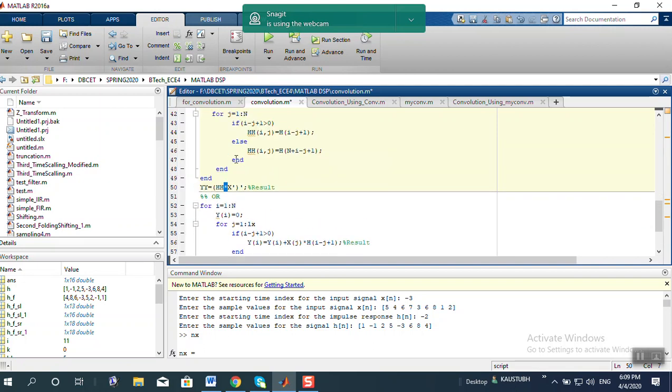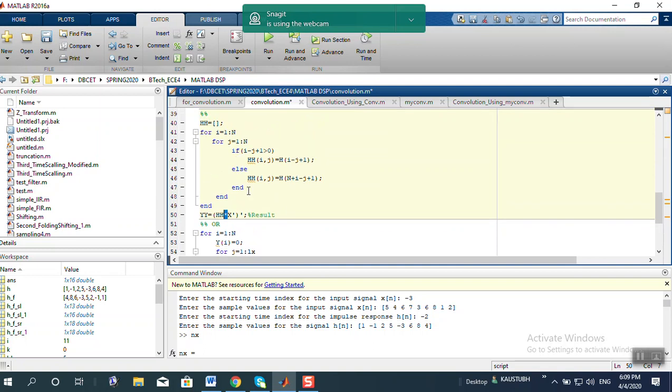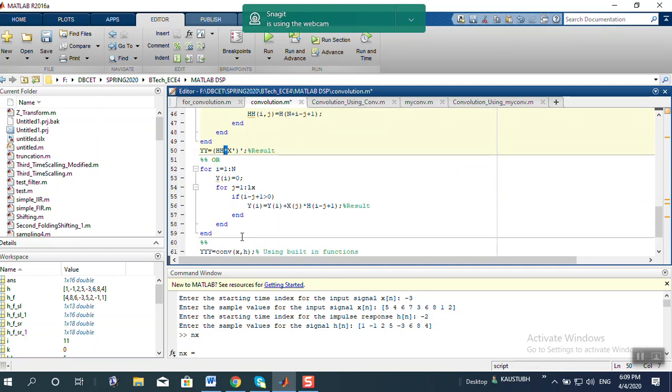But here, furthermore compact, the matrix is not separately obtained, but within the process it multiplies and takes the summation in this loop. So finally y will be your final result.